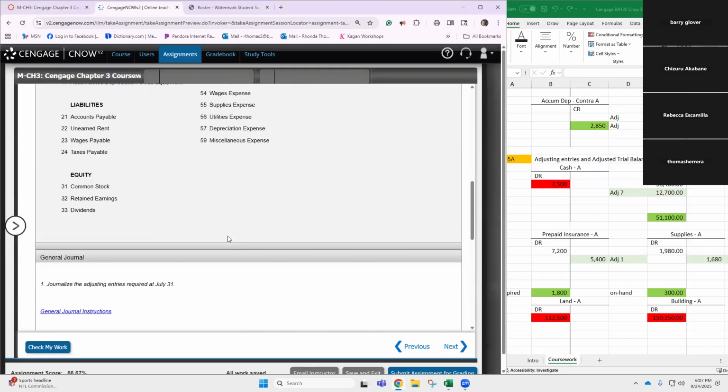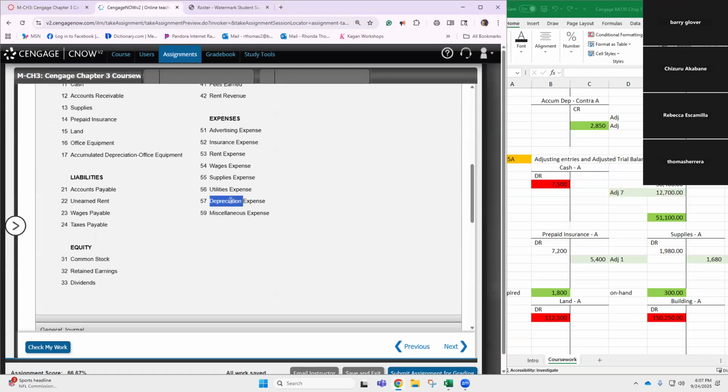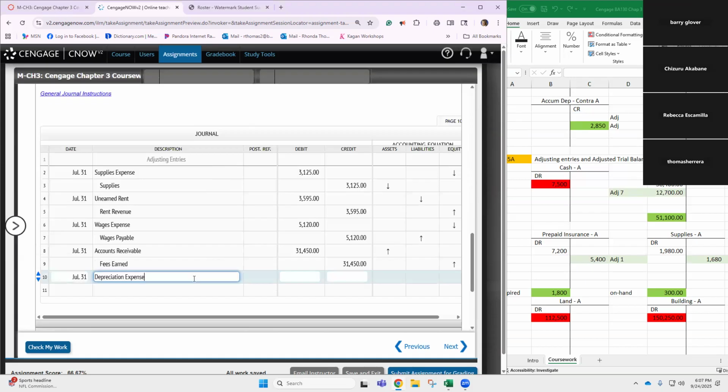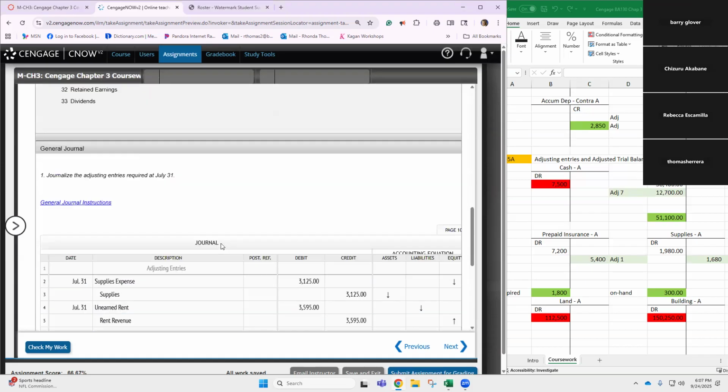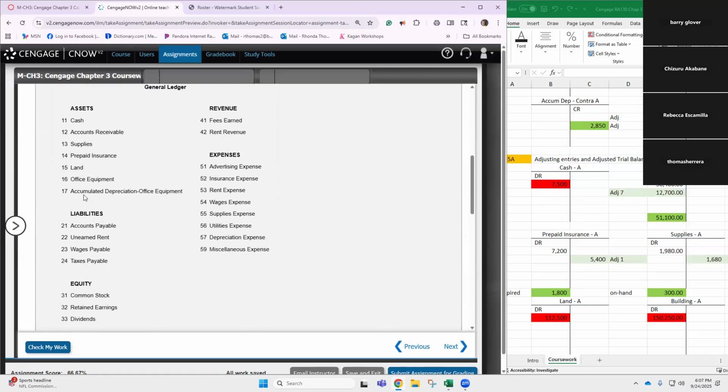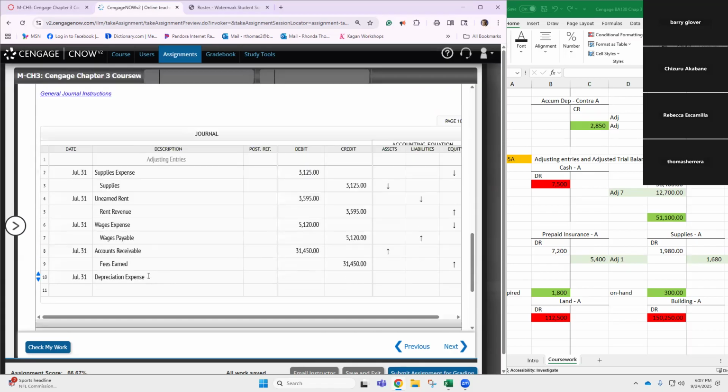So here I go. We want depreciation expense, to copy. And we want accumulated depreciation. Accumulated depreciation is over here under assets because there's that asset that it goes hand in hand with. If you just copy that and bring it in, that gets the credit of every adjustment for depreciation.